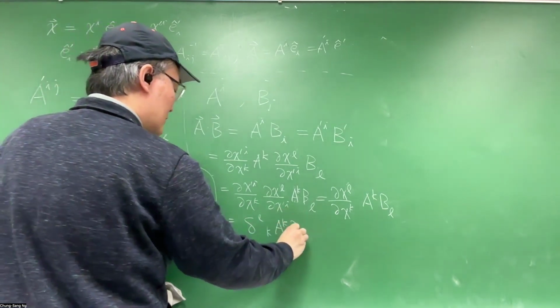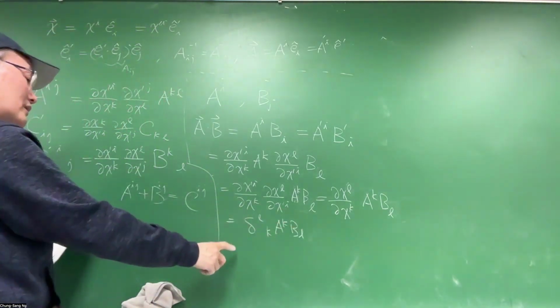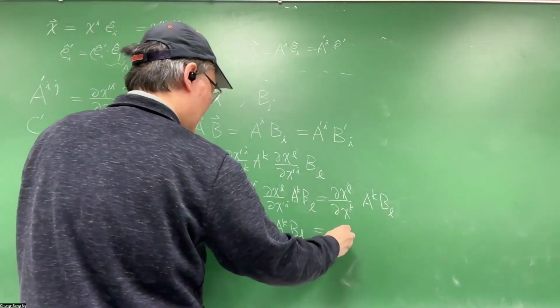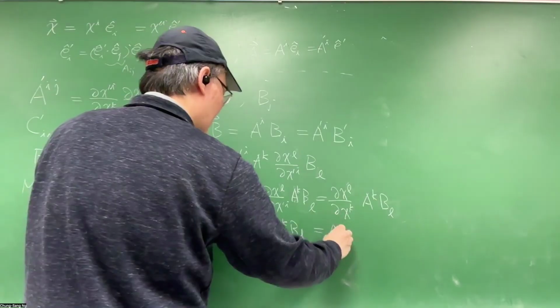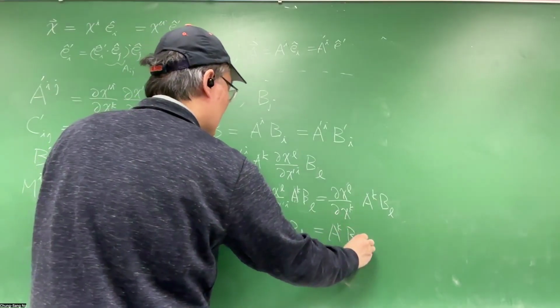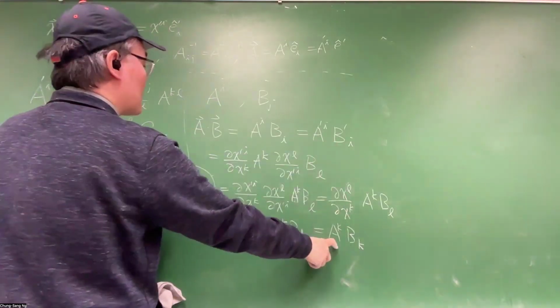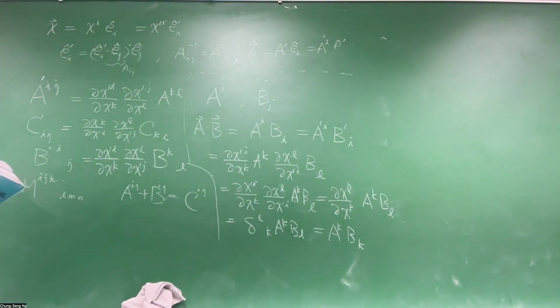Now you can use the Kronecker delta to change k to l or l to k, it doesn't matter. So this one equals this one, which is this one.